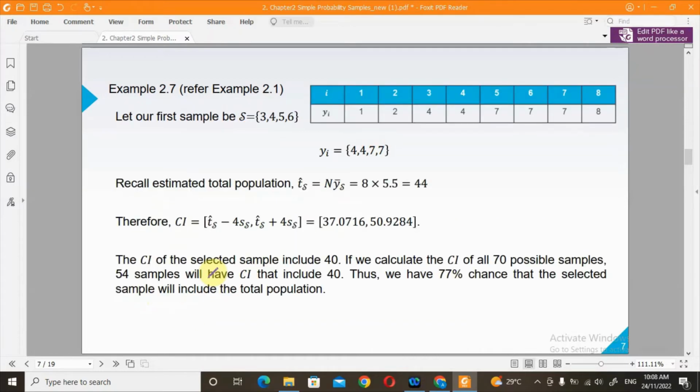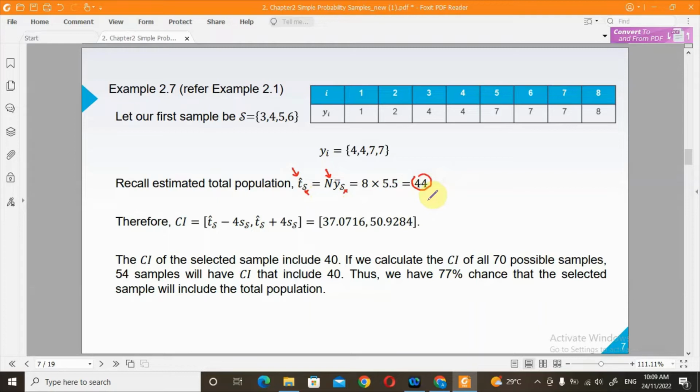Again you calculate the estimated population total for possible sample X: the population size times the mean score of sample X, and you will get an estimated population total of 44.